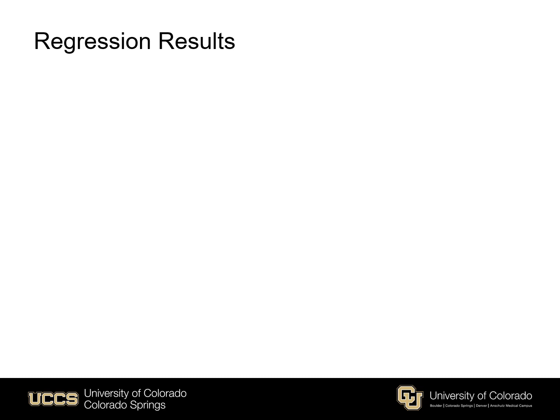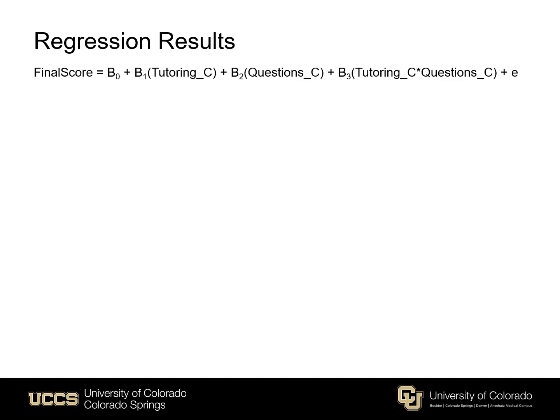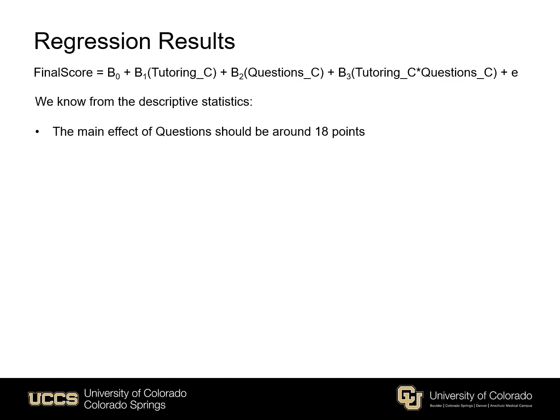Now let's look at some regression results and compare those results to what we had already suspected from looking at either the graphs or comparisons of the descriptive statistics. Here's our model again. We knew from just comparing descriptive statistics that the main effect or overall effect of questions should be around 18 points in favor of the students who did the questions.